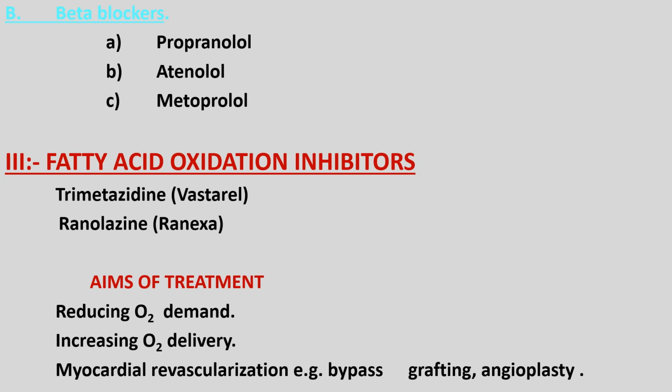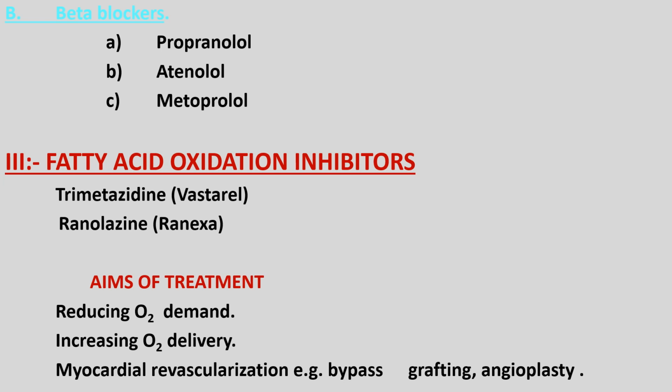Beta blockers are propranolol, atenolol, and metoprolol, and you will discuss beta blockers in detail under the topic of beta blockers. The newer anti-anginal drugs are fatty acid oxidation inhibitors, and we have mainly two newer drugs, trimetazidine and ranolazine.